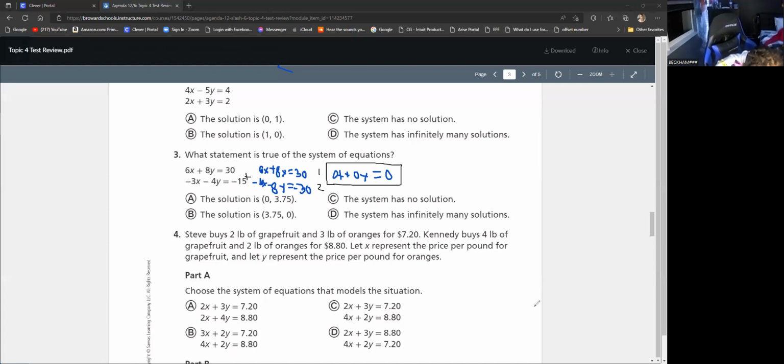Is it D? No. Why is it C? Tell me why. I guess it's C. I don't know why though.